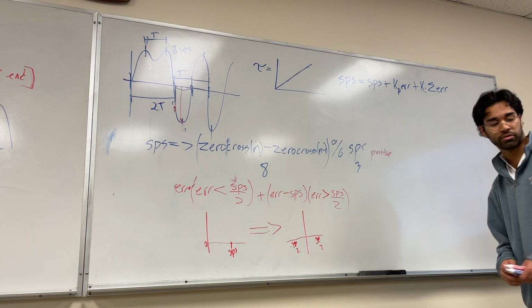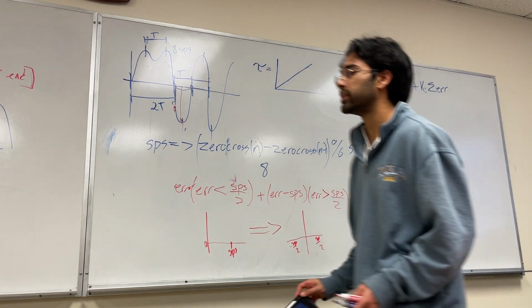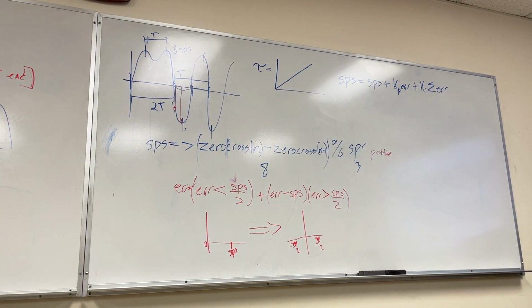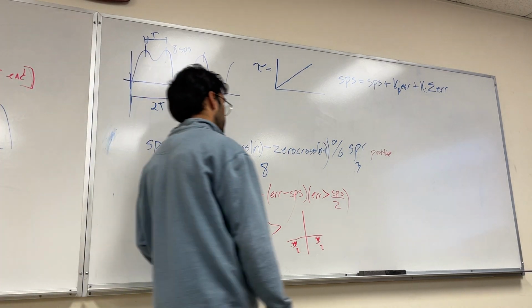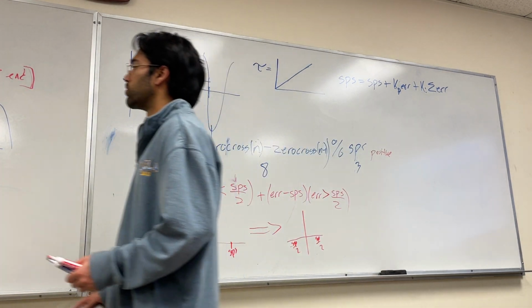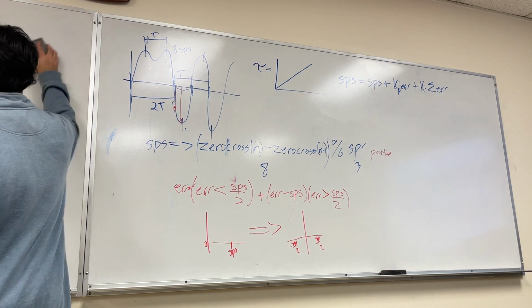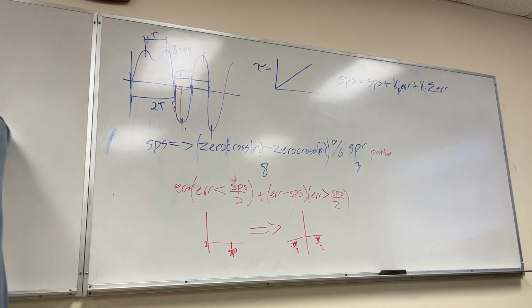An alternative framework for this would be to look at it like a circle, right? We know every SPS it's going to return to a symbol or some kind of zero crossing. So we could put it in actually the exact framework as the Costas loop, where we talk about this in terms of phase and frequency, where SPS is our frequency.